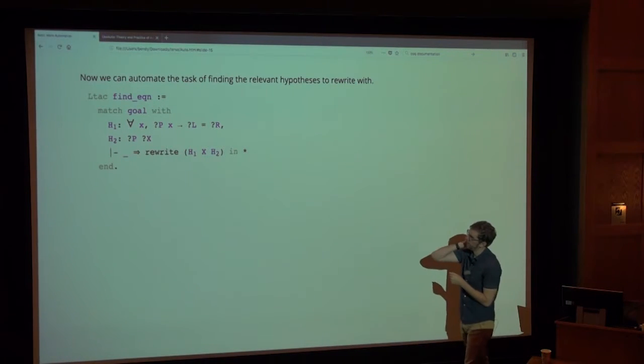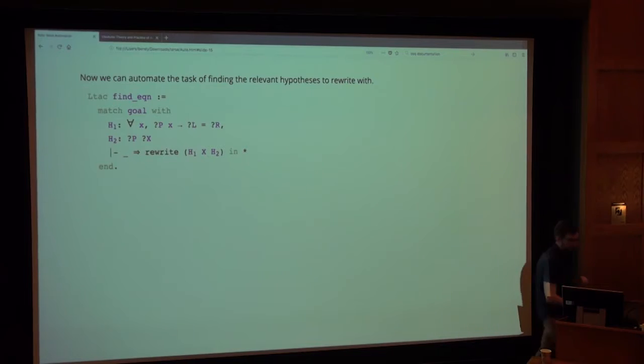So here's another example of the match goal statement in action. What is this one going to do? Well, it's going to look at the goal you have in hand that you invoke this tactic on, and it's going to look for an assumption of the form: for all x, some property P applied to x, where P satisfies some property I don't know what it is, implies some equality.